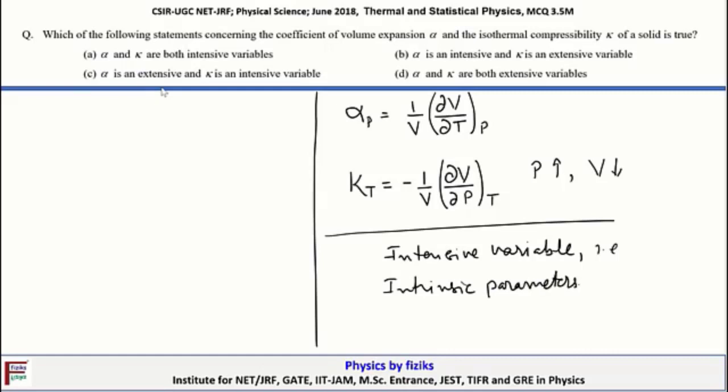These are exactly similar to the specific heat capacities Cp and Cv. Note that these are not the principal heat capacities, these are the specific heat capacities at constant pressure and constant volume. So therefore the correct option is that alpha and kappa T, both of these quantities, are intensive variables.